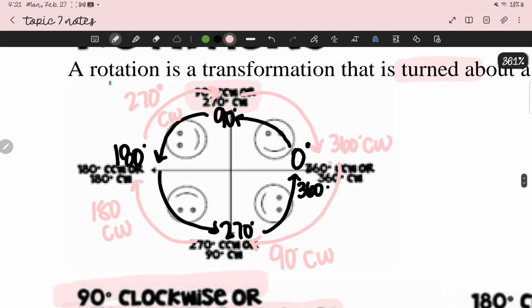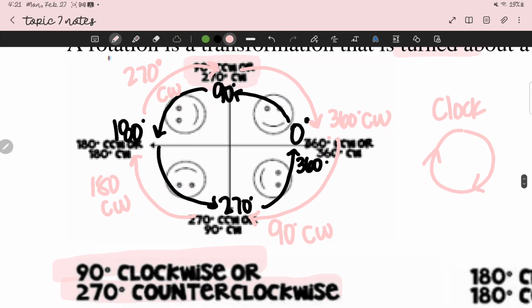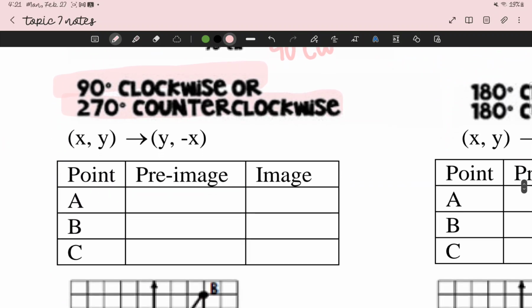Again, a clock turns this way, right? We always go that way to get to our new time. So that was just a basic why we go that way for clockwise and counterclockwise.